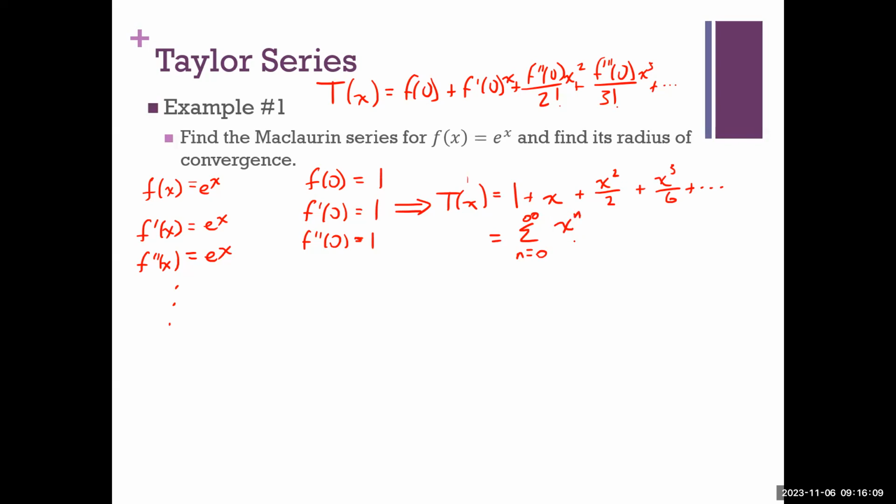And how about the coefficients? So the coefficients are 1, 1, 1 over 2, 1 over 6. I believe the next one would be 24. Should be 1 over n factorial. So I believe my Taylor series for f of x equals e to the x is this.